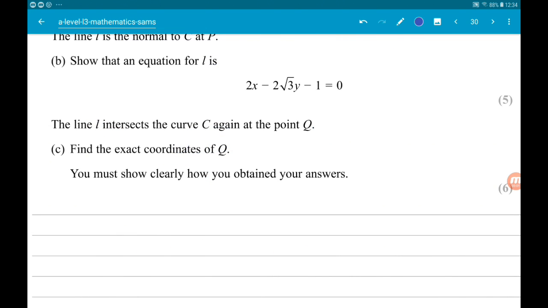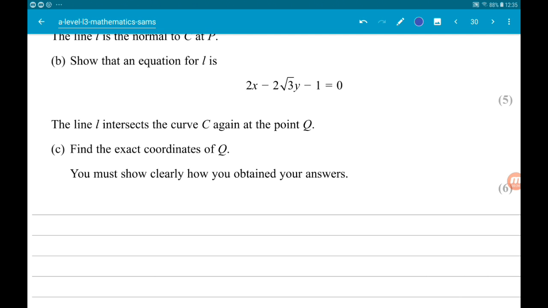Okay, then we're told the line L intersects C again at the point Q. Find the exact coordinates of Q. 6 marks. Probably really easy then. So, simultaneous parametric equations. What a good time.